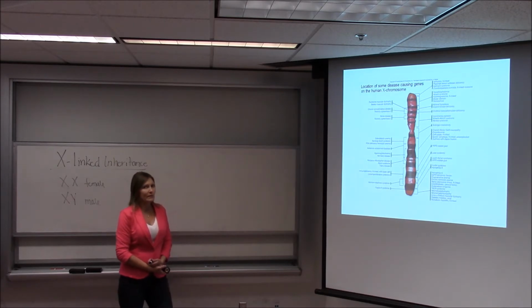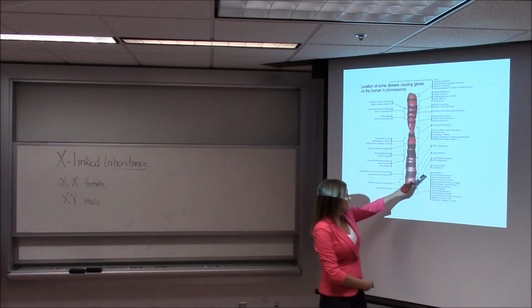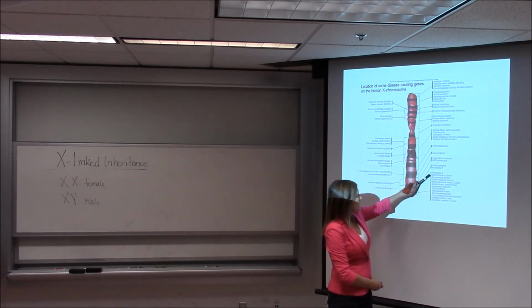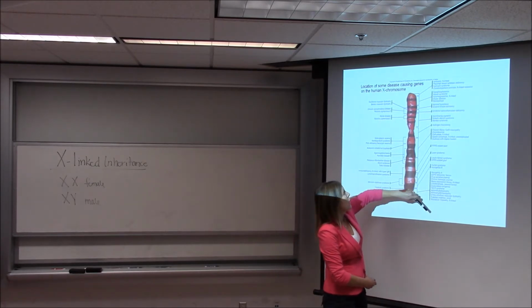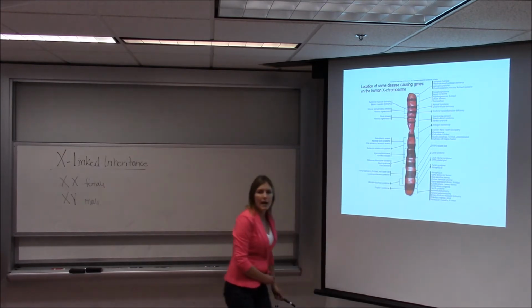In fact, all of them have nothing to do with being male or female. Okay, so this list here: hemophilia type A, G6PD deficiency, drug-sensitive anemia, chronic hemolytic anemia, color blindness. The list goes on and on. All of these disorders are carried on the X chromosome.